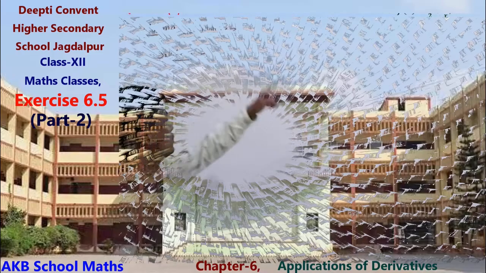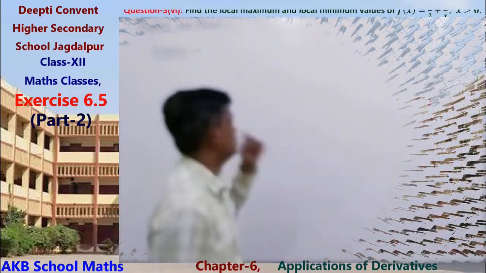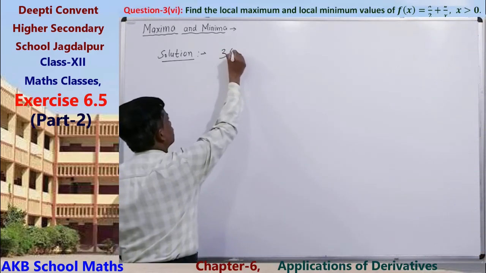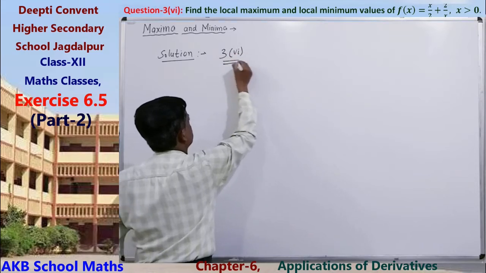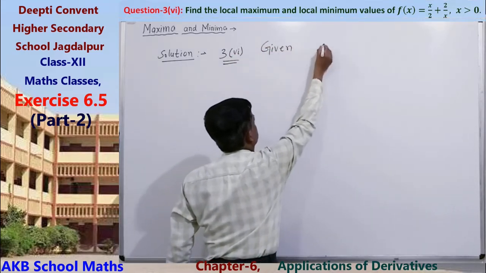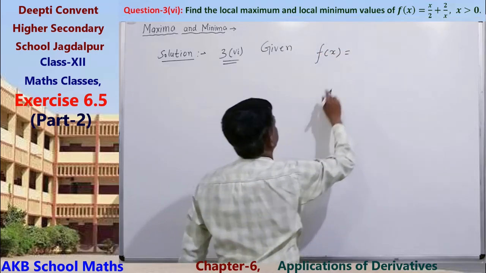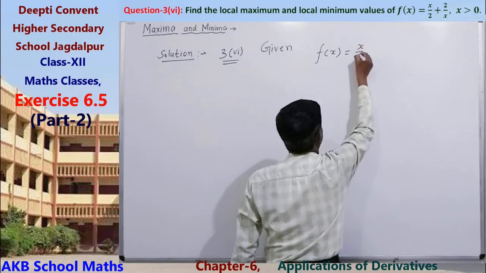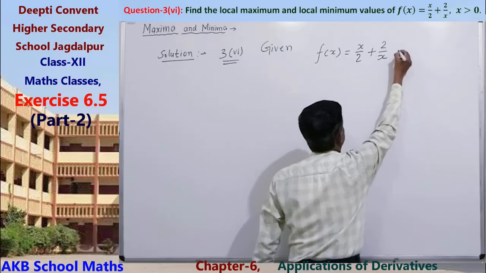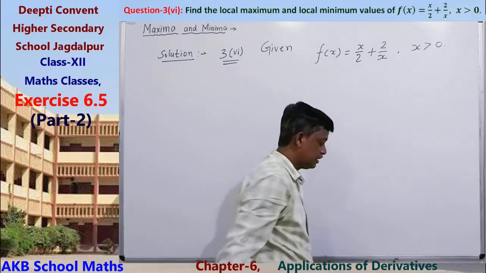Take the next question, 6th of 3rd. The given function is f of x equals x by 2 plus 2 by x, where x is greater than 0.